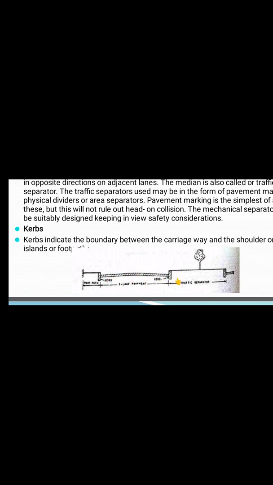This is the separator between the carriageway and the shoulders. This is the shoulder or a footpath. This is what is called a curb. It is a separator between the footpath or shoulders and the carriageway.